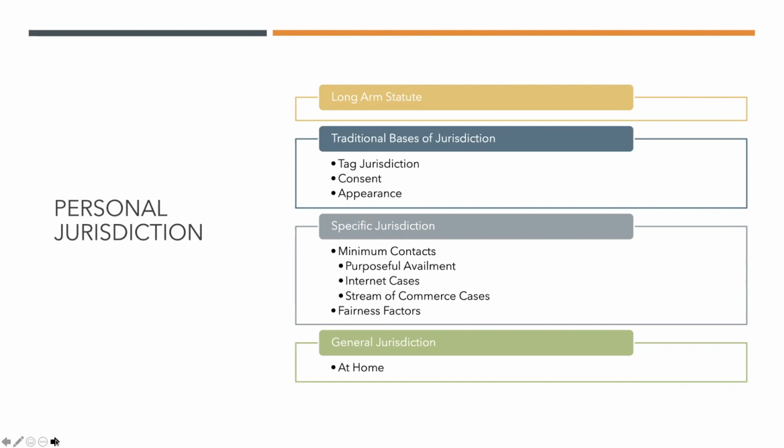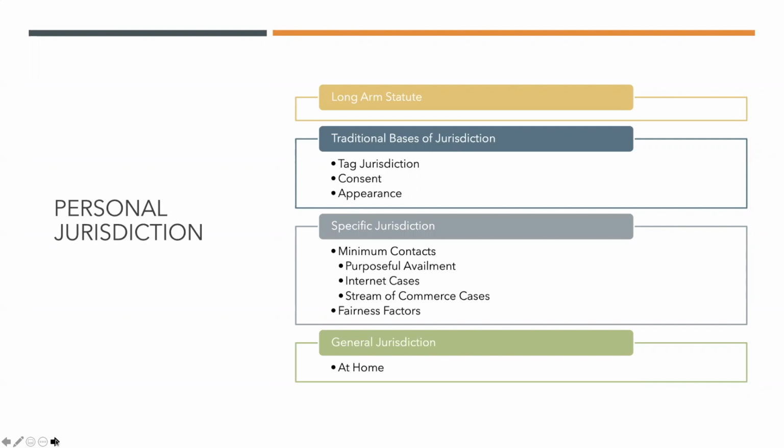And then, of course, I would write the rule statement for the fairness factors, likely listing what those fairness factors are. Then, of course, you might have the issue of general jurisdiction, and you would define the rule for general jurisdiction, which essentially means that the defendant has such contacts with the jurisdiction or the state that they are essentially rendered at home, because those contacts are so continuous and systematic.